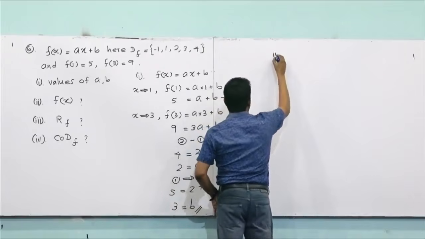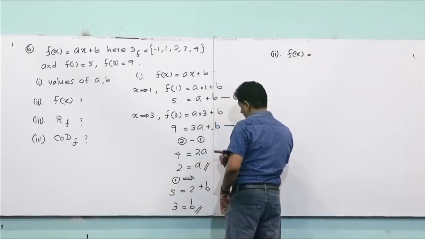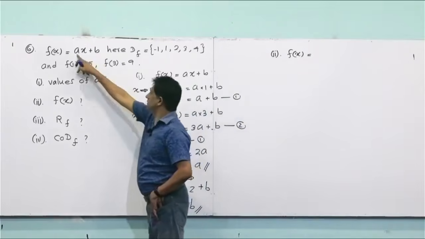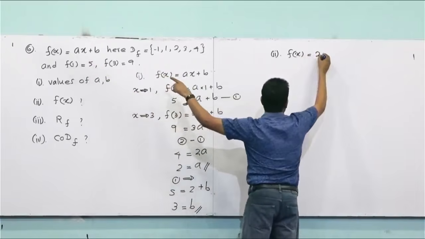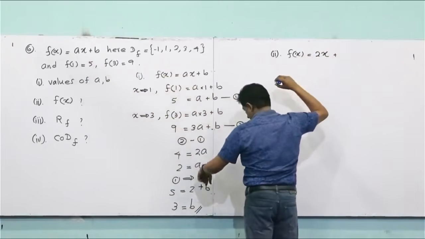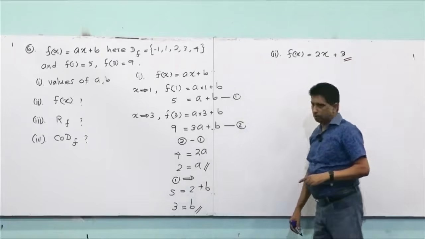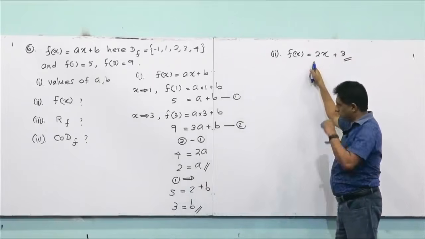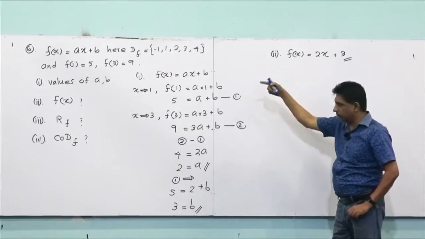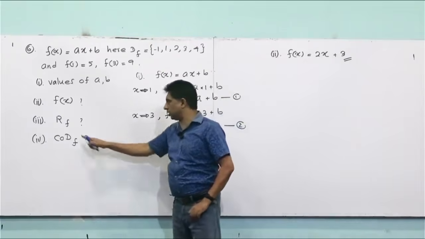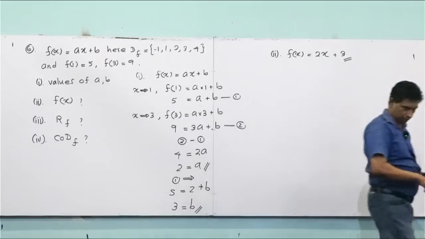And for the second question, we have to find f of x. We substitute the values of a and b here: a is 2, so 2x, plus the value of b, 3. This is f of x, right? Now we know f of x. Now we can find the image of every element, and after finding the images, we can write down the range of f. Then we can write the codomain of f. Right? Finish this one.